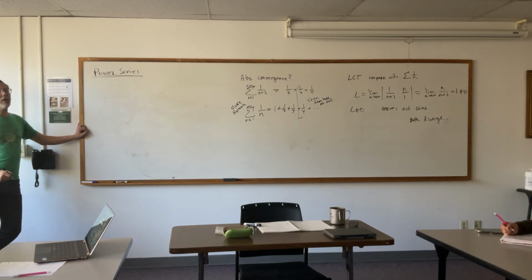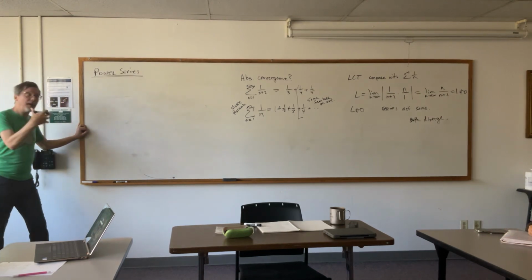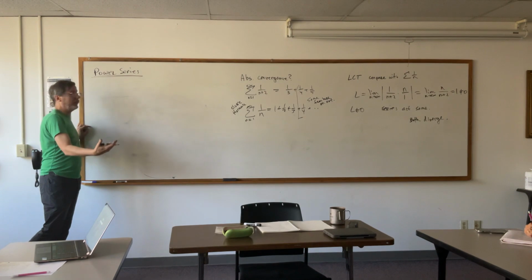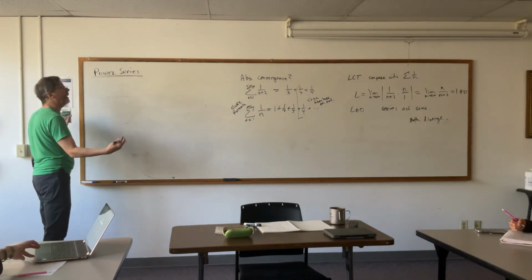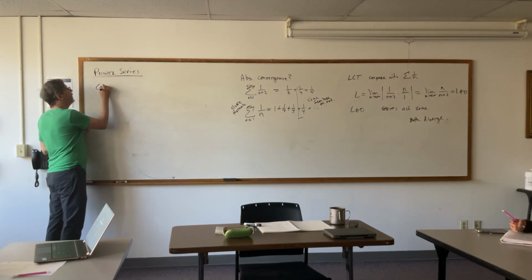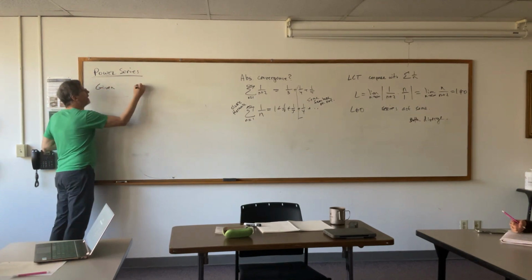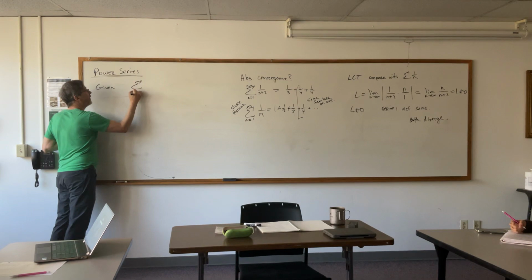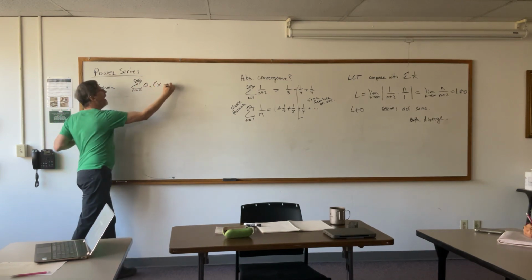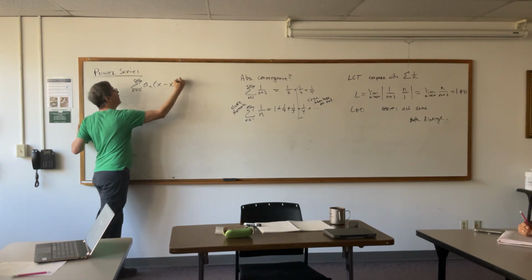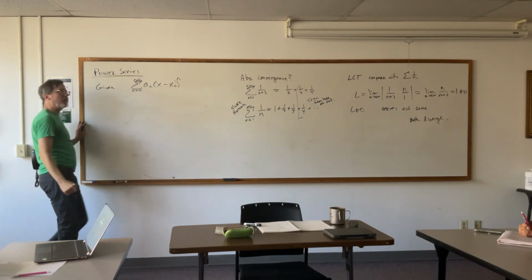So I want to talk about power series, which takes everything we've been studying over the last 2 weeks and pulls it all together in a much bigger, more interesting problem. So given a series that looks like this, so I've got the sum n equals 0 to infinity of a sub n times x minus x sub 0 to the nth power.